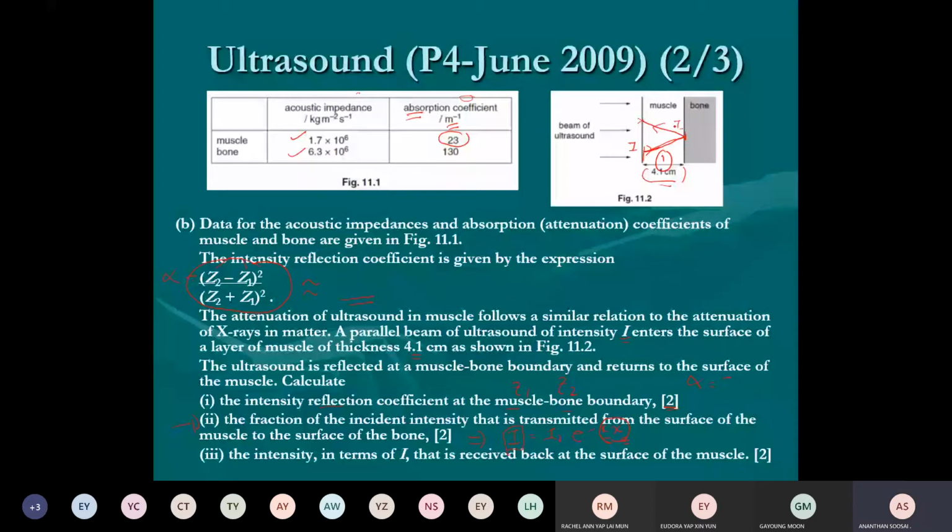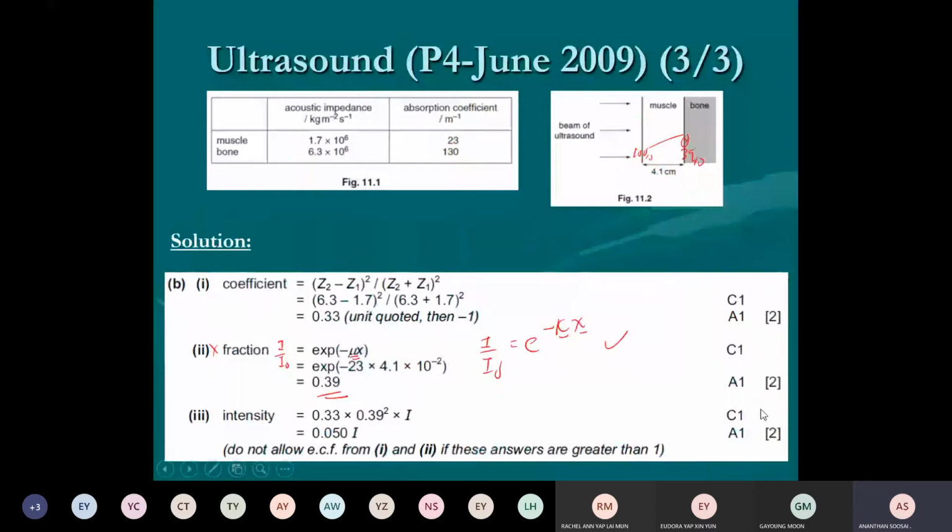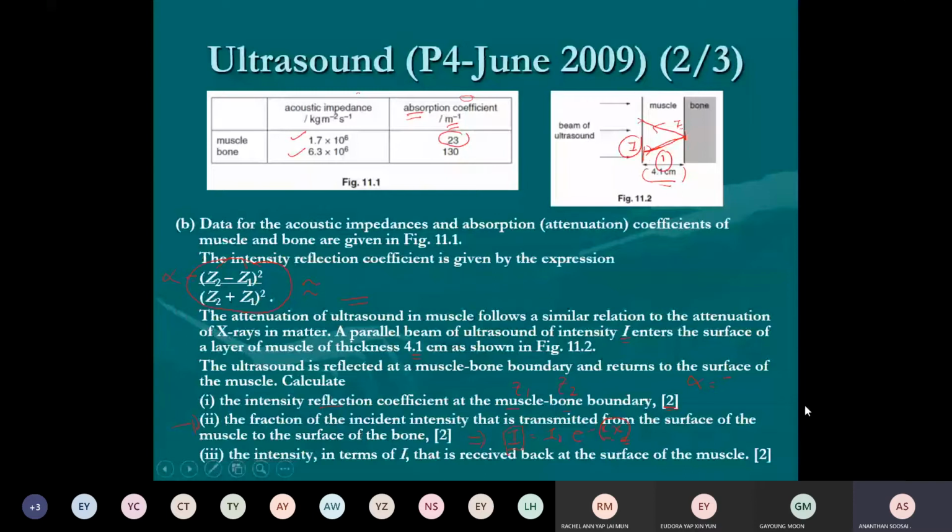So here I, when you reach the bone, how many I? What is the answer for part 2? The answer for part 2 is 0.39. So 0.39 I has reached the muscle-bone boundary. Then how much has been reflected?